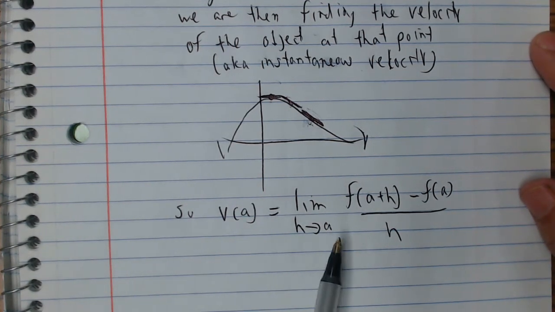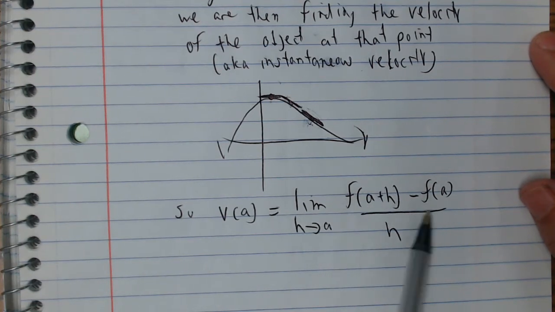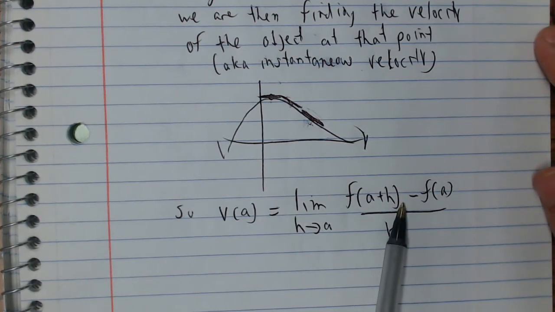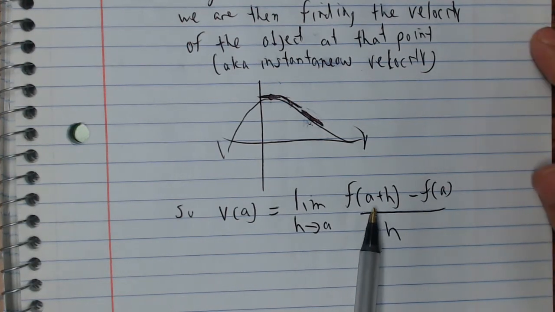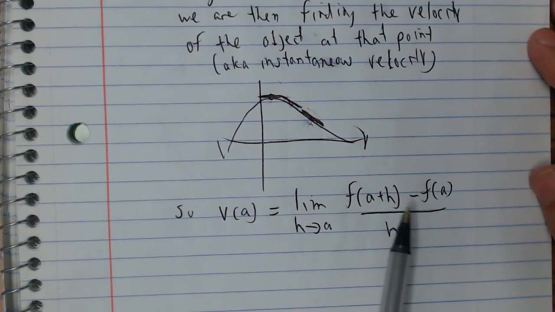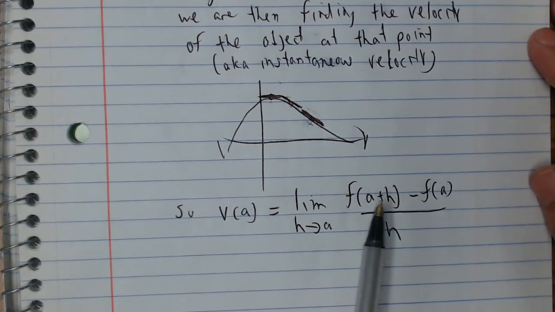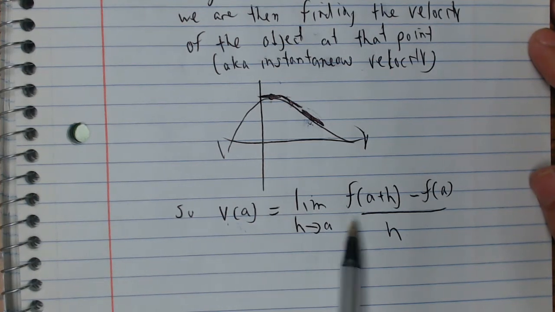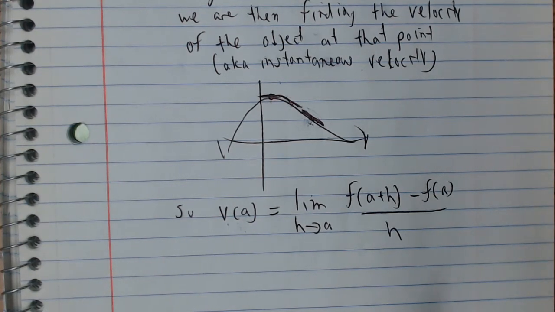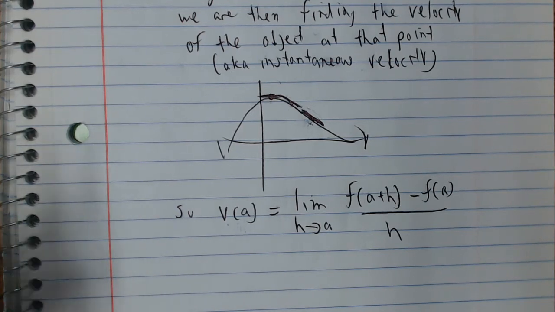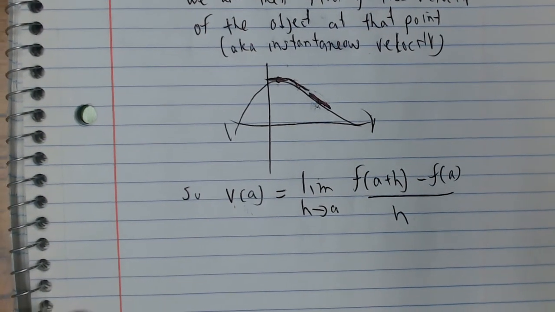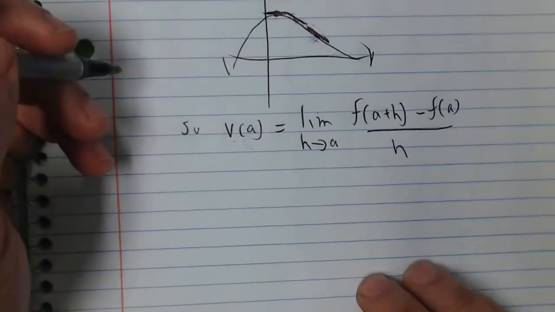If we don't know that f is the position function, the only thing we could say is that this finds the slope of the tangent line to this curve f at a, okay? But if f is the position function, not only is it the slope of the tangent line, but the number we get is actually the velocity of that object at a. Okay, so that's what's going on here. So let's look at an example where we'll put this to use, and then we'll wrap up this section with one last comment.